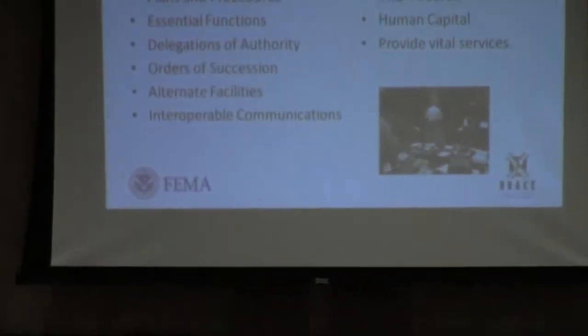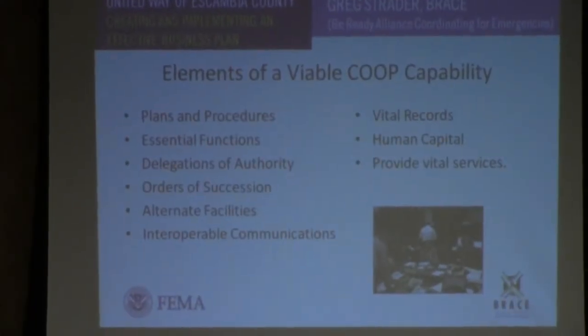Elements of a viable COOP include all of the things that you see on the screen, and these screenshots are included in the packet. I will pick on a couple of them. Alternative facilities, and you've heard me speak of this already.